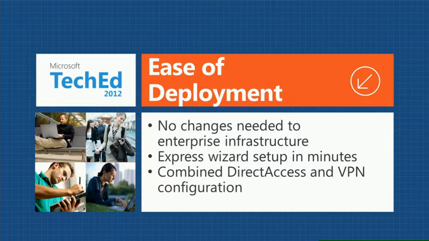And finally, and this is something to internalize, it is a unified remote access role. So it's not just about DirectAccess, although that is the premier offering. There is a VPN aspect to this as well.